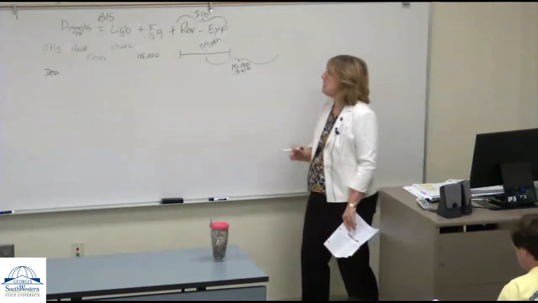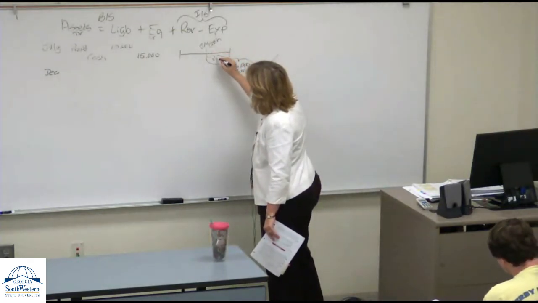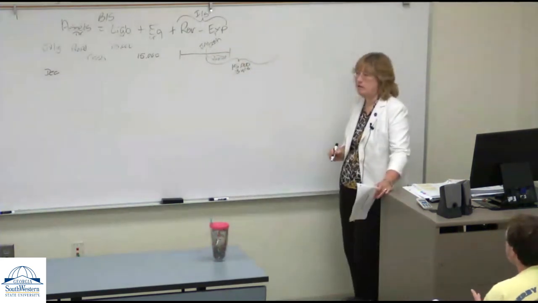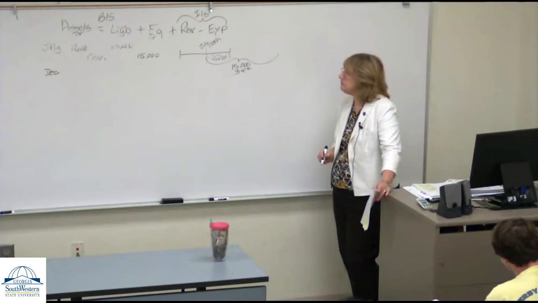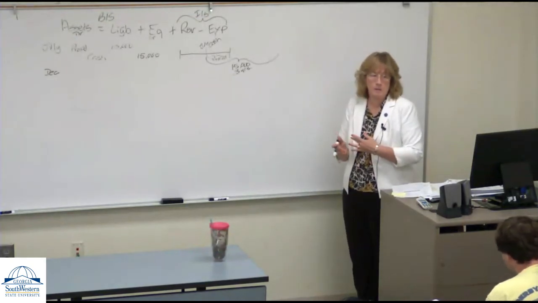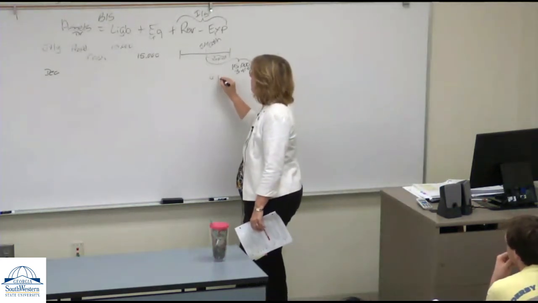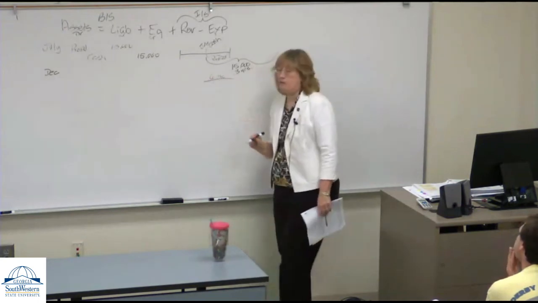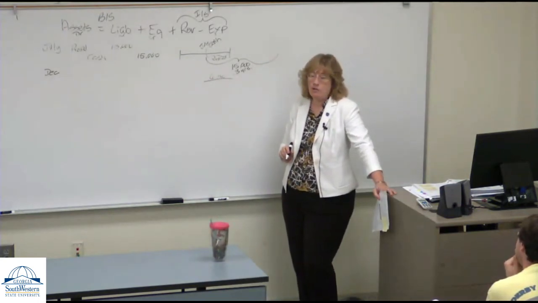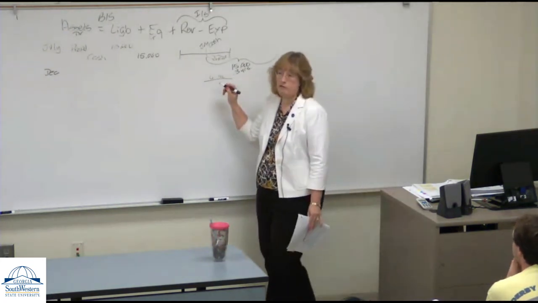So this $15,000 lasts us 3 years for the insurance. How much has expired? That's what we want to know. How much right here has expired? Six months? It's July 1st, so 6 months has expired out of 36 months.